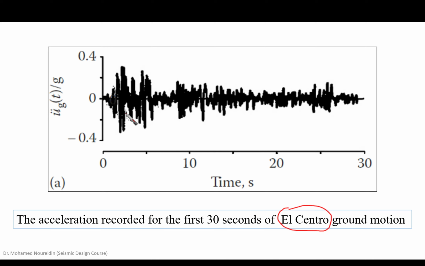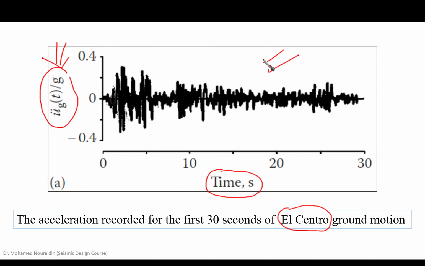We can plot this time history between the time elapsed and, on the vertical axis, a ratio, u double dot g over g. This u double dot g is the ground acceleration, and this g is the gravitational acceleration. Commonly we use this term in order to express the acceleration history of any earthquake.